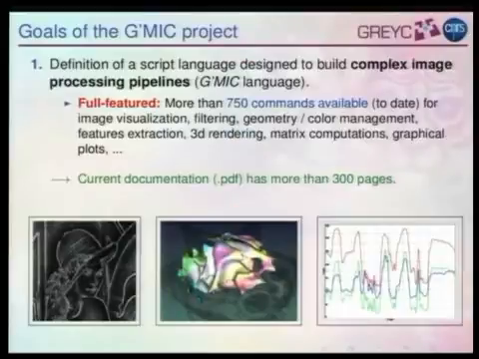So at the moment, there are 750 commands that pop up if you load GMIC as a GIMP plugin. Many of them are not unique single commands. Many of them are actually pipelines of several commands wrapped up in a single script to give you a visual effect or an artistic filter.